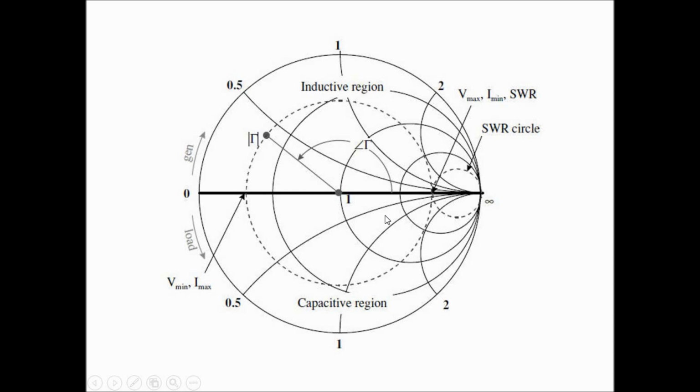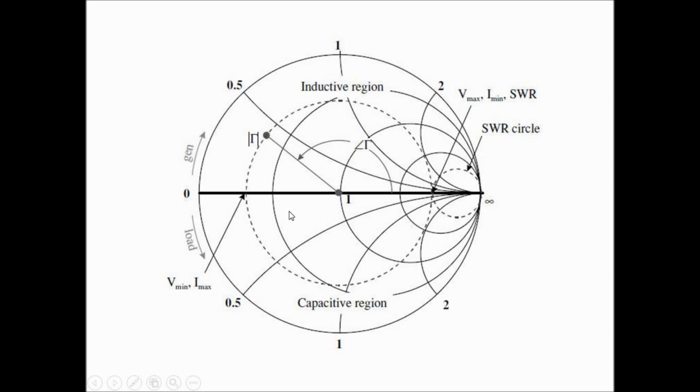Now we can also find the reflection coefficient. So how to find the reflection coefficient? From the center and the ZL point you draw a circle. This circle is called the reflection magnitude circle. So let's say this is your ZL point and this is the center. You draw a circle putting your center here, and this is the radius.